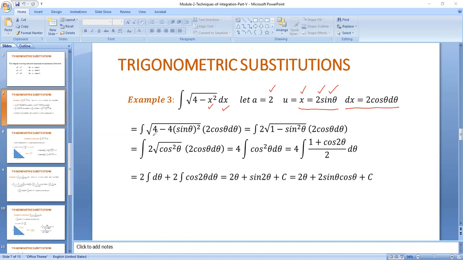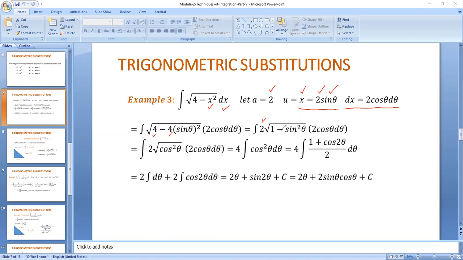Now the 4 that you see inside the radical sign is actually factorable. If you factor that and get the square root, that would be 2. That's the 2 that you see here. And what is left after you factor it out is 1 minus sine squared theta. We still copy the 2 cosine theta d theta here.